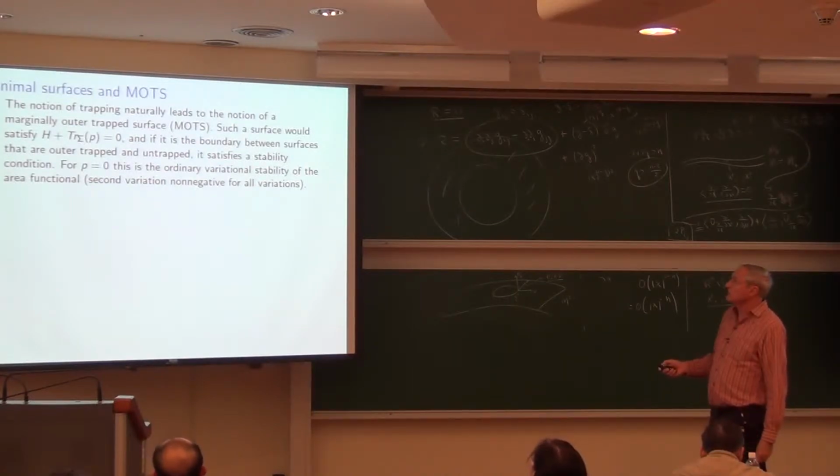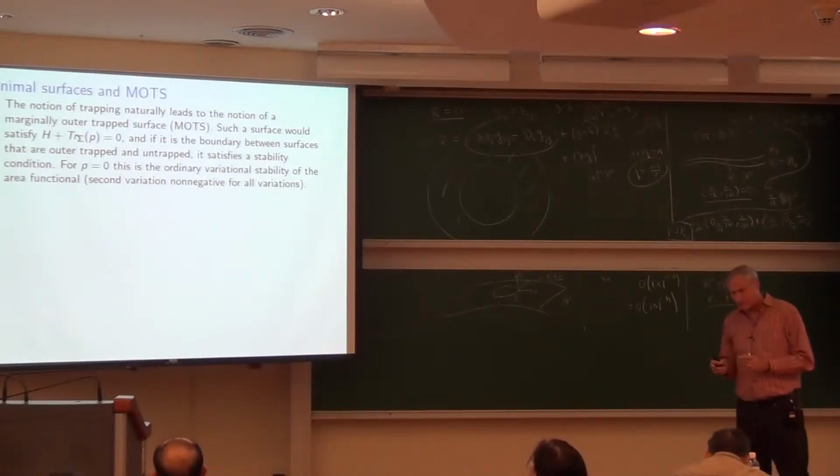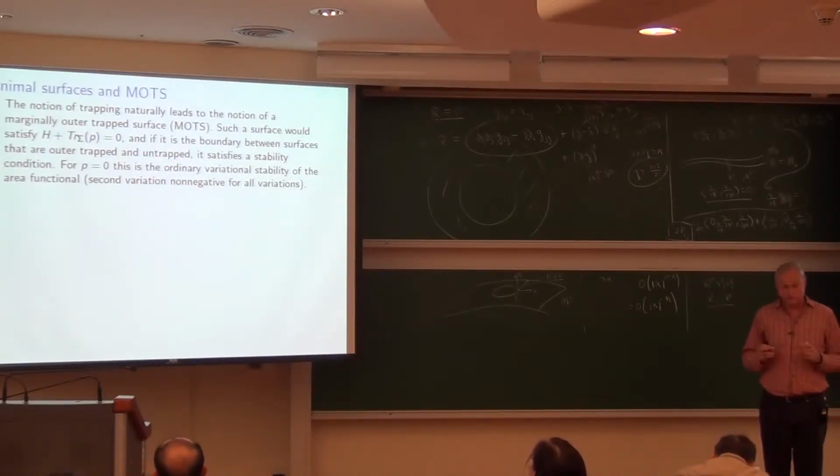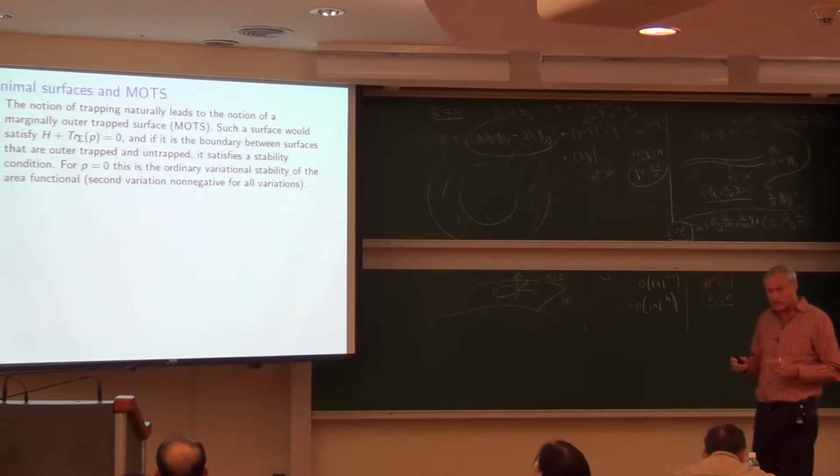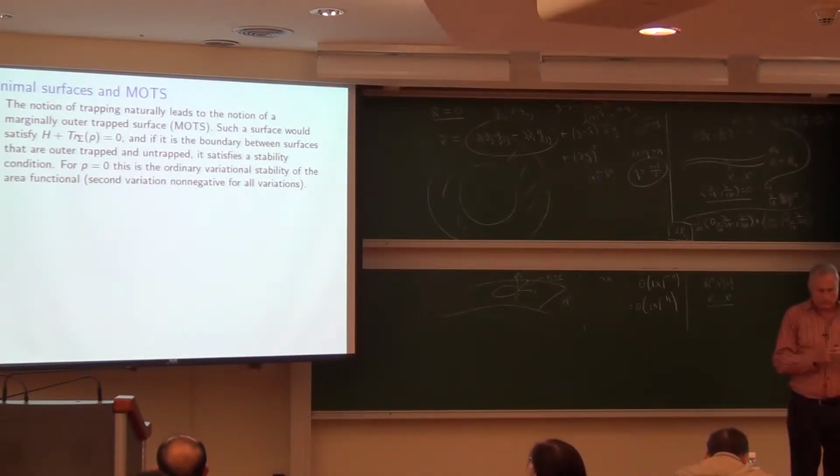Okay, and so in particular, this is actually an interesting geometric condition on surfaces which generalizes the theory of minimal surfaces in a very interesting way. And in particular, there are a lot of similarities. So there's a stability condition for MOTS. So I talked about stable minimal surfaces yesterday.